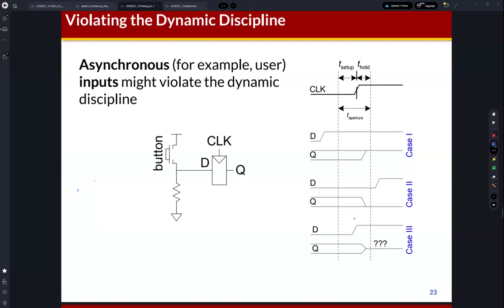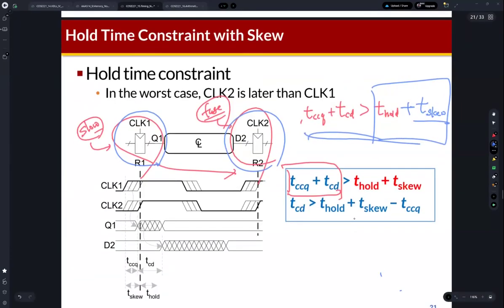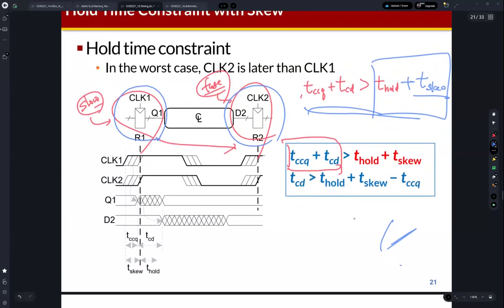Until this point, we learned about the setup time constraint and hold time constraint of our digital system. I mentioned that we need to build a stable system by controlling the timing of our digital logic, like combinational logic, right? In order to keep the setup time constraint, we need to adjust the delay of our logic gate.